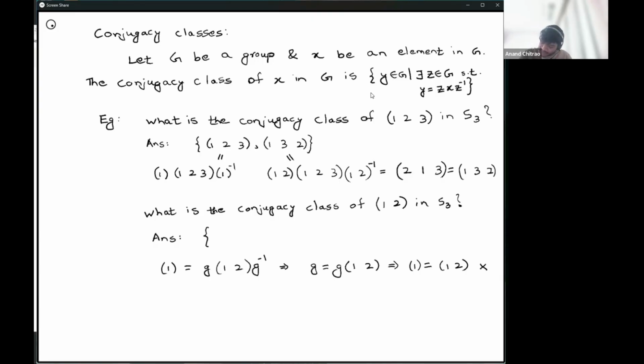As you said, (1 2) is an obvious element. By taking z to be the identity, you can see that y equals x is allowed. So (1 2) is an element. Are there any others? How about the idea I told you for computing conjugates inside Sn?